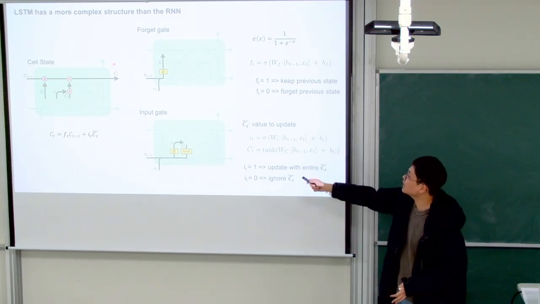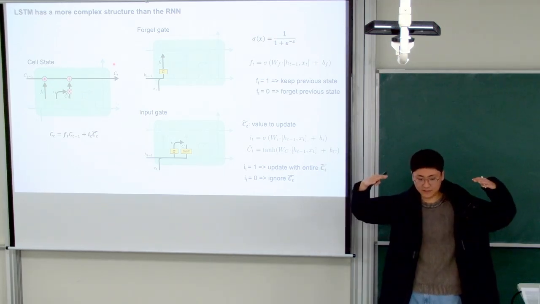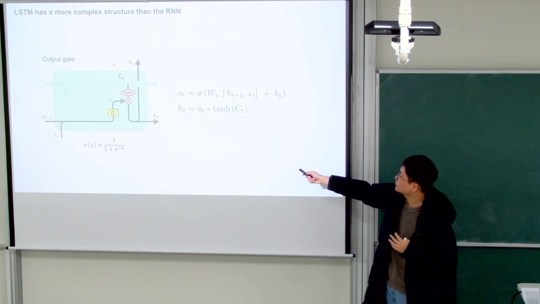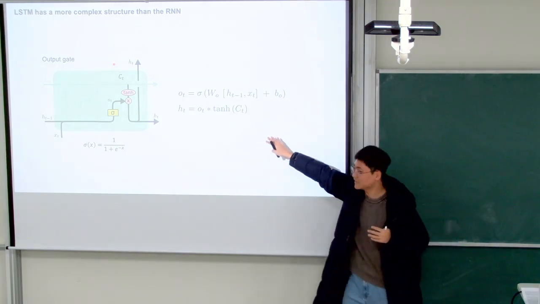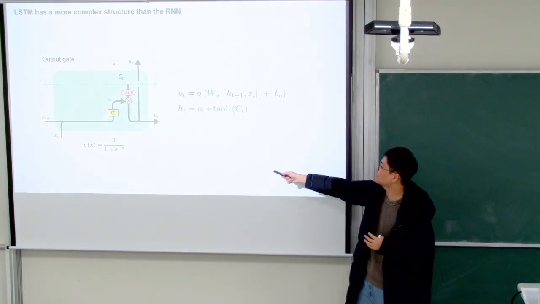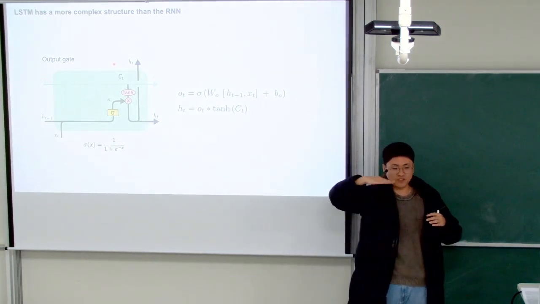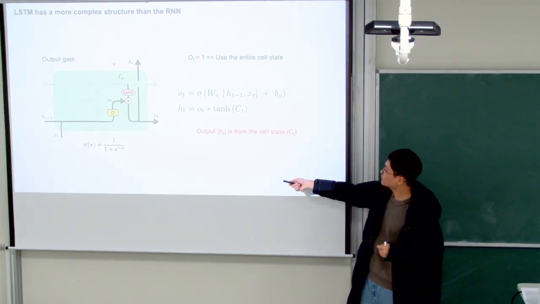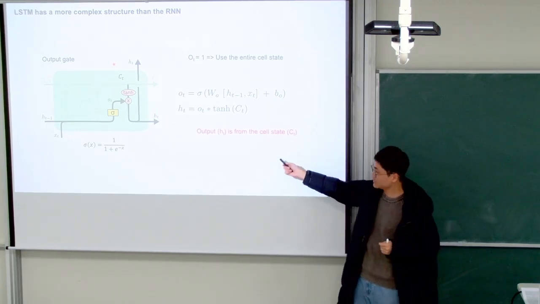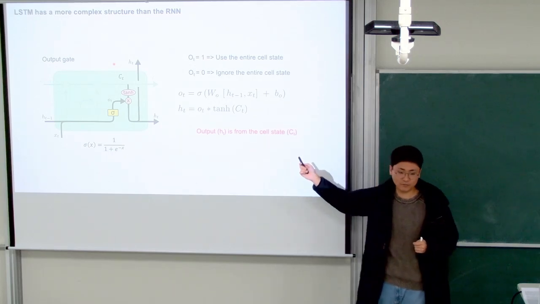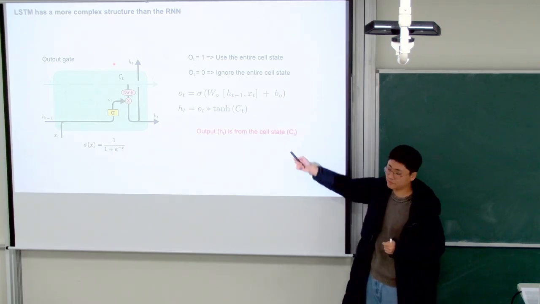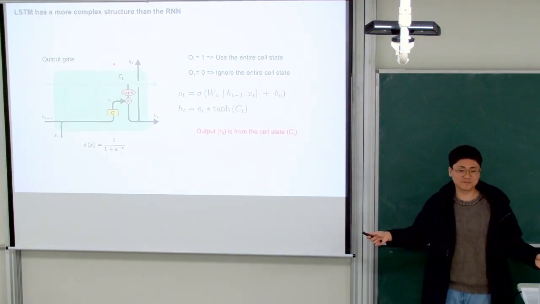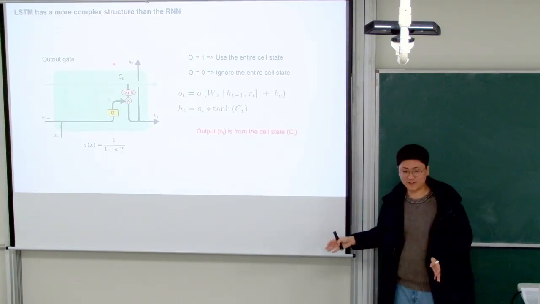Based on these two gates, the cell state is updated, and the updated C_t passes through an activation function and determines the output. But this output is also filtered by the current input and output with the value O_t. That's the basic structure of LSTM.